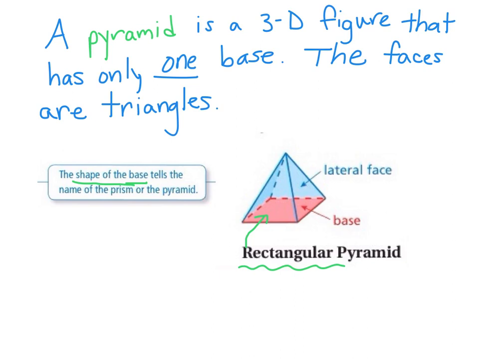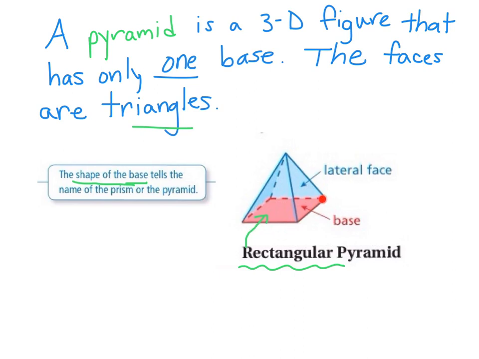The other one we're going to talk about is a pyramid, and again, it's a 3D figure, but a pyramid is only going to have 1 base down here, and the faces of pyramids are always going to be triangles. So again, you can look over here at this example shape, and you can see all the triangles that come to a point up here. That's how you're going to know it's a pyramid, because these faces are all triangles along the edges, and again, it could get tipped, but not as likely on a pyramid.